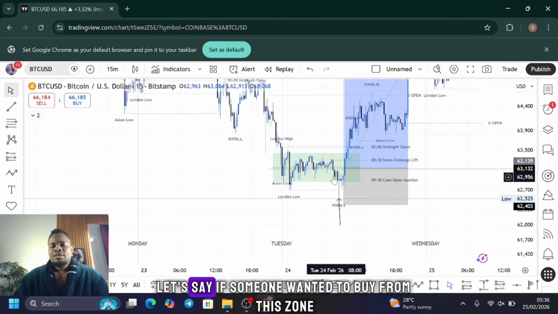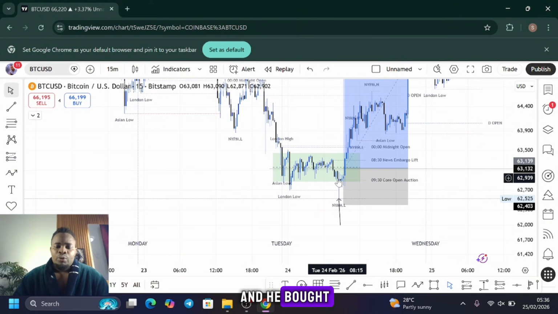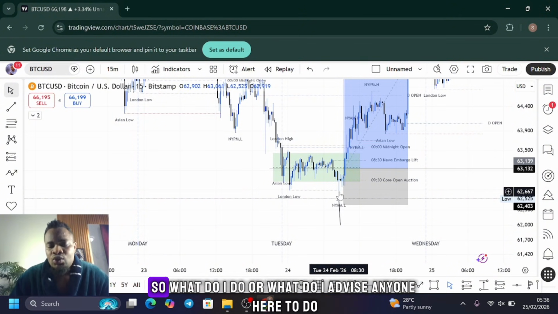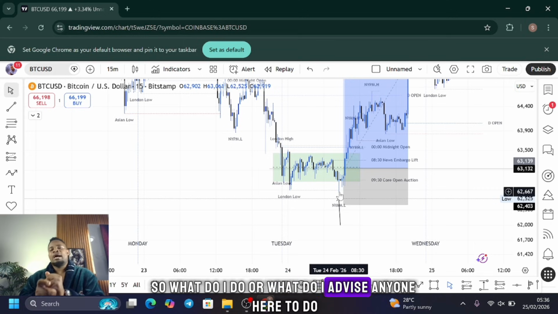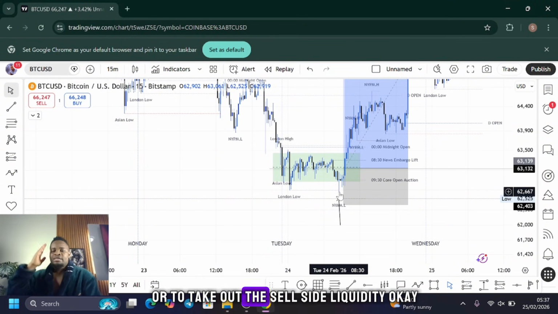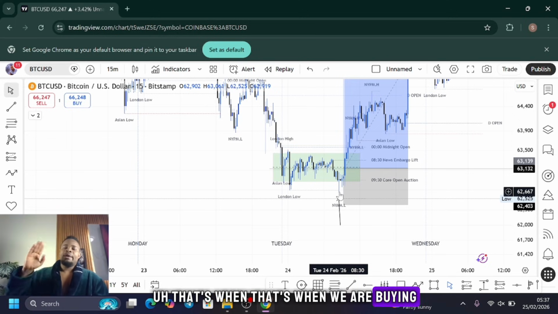Let's say someone wanted to buy from this zone and he bought, of course he would have put his SL near here. So what do I advise anyone to do? You always have to wait for the market to manipulate first, or to take out the sell side liquidity. That's when we are buying.